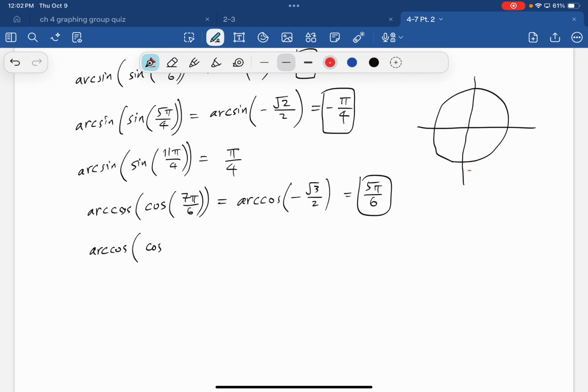So arc sine goes from minus pi over 2 all the way to pi over 2. For instance, a point here would be minus pi over 4. Even though technically it's also 7 pi over 4, that would be too large. Okay?